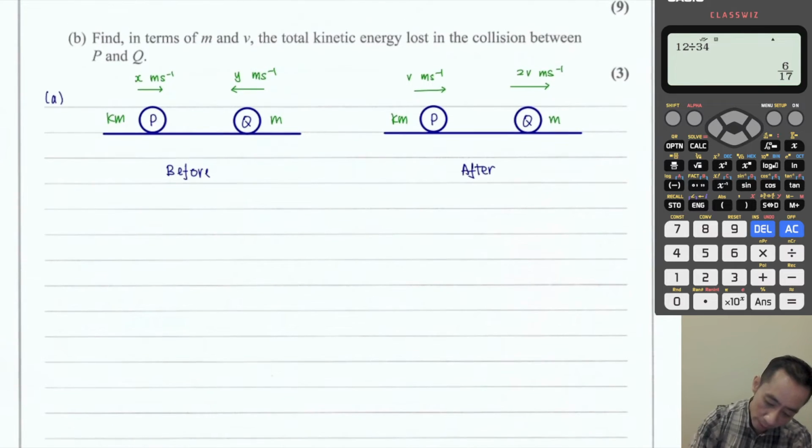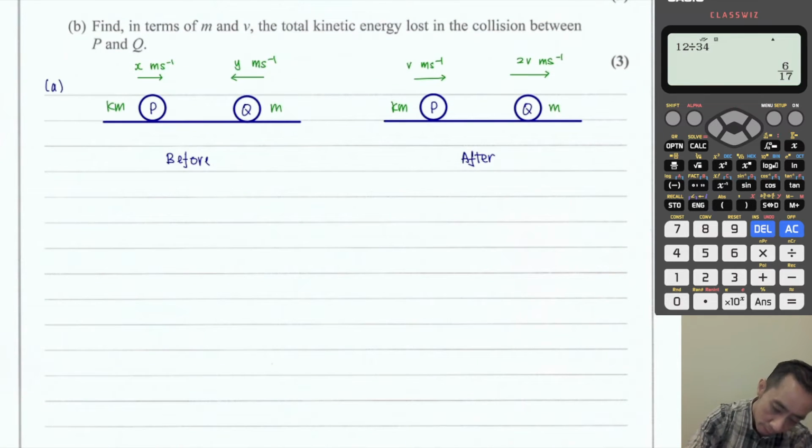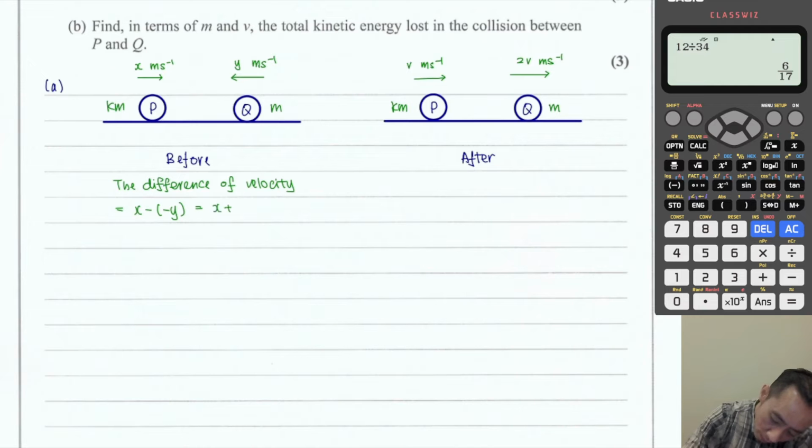So now let's look at the differences of the velocity. So the difference of the velocity: x minus negative y, so it's x plus y.